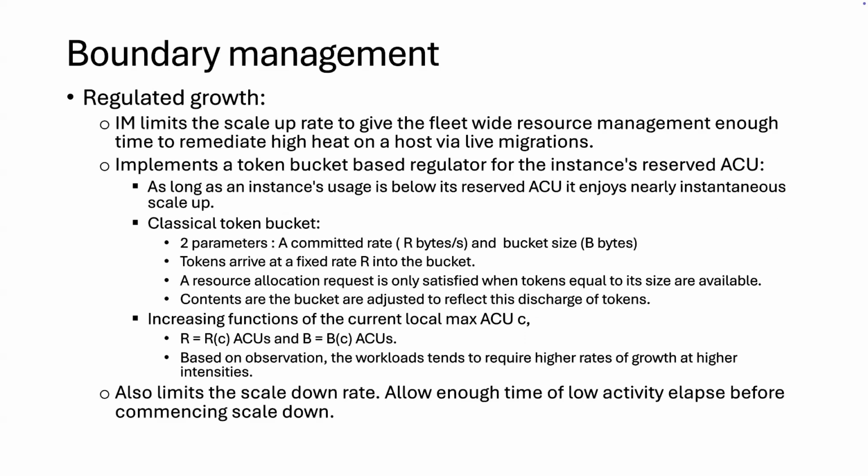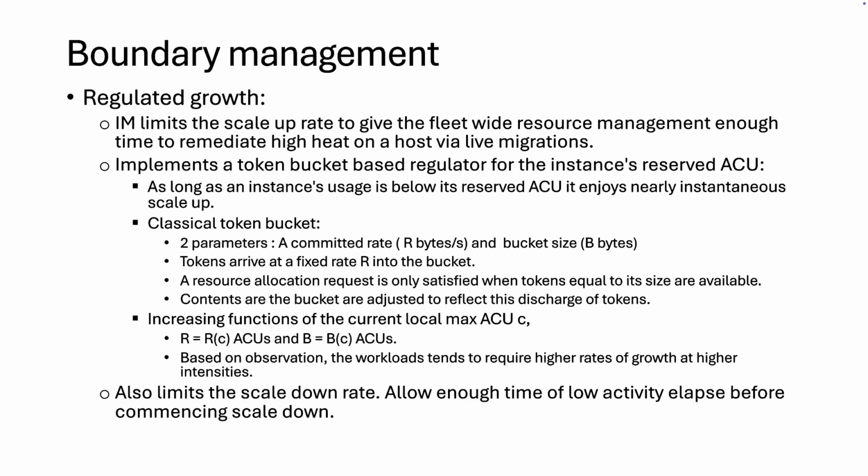The second is regulated growth, as in when my usage is continuously increasing and I need to increase my reserved ACUs in a constant manner. So Instance Manager limits the scale up rate, first of all limiting how much we can scale up the usage and other resources. We are doing this only to give the fleet enough time so that it can remediate the high heat on a host via live migrations.